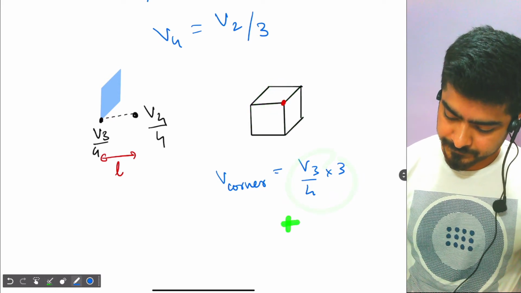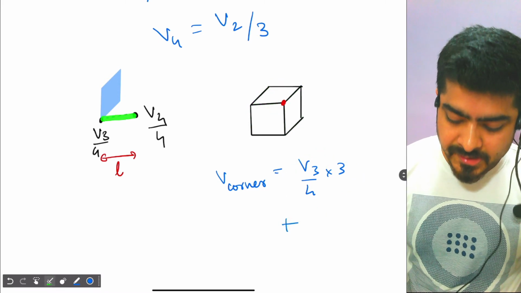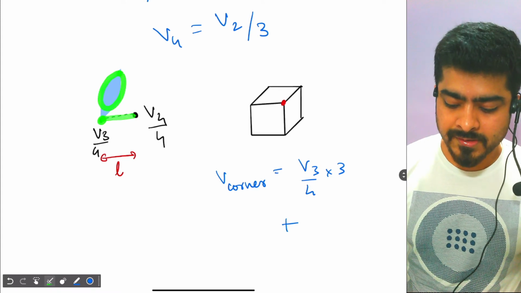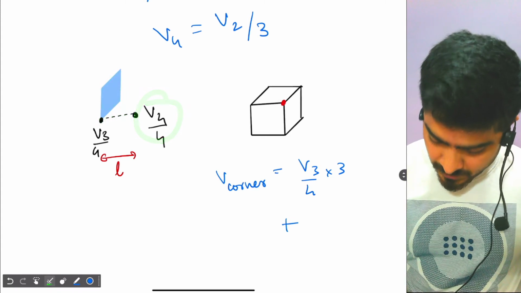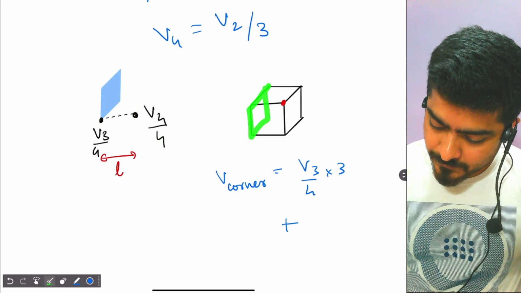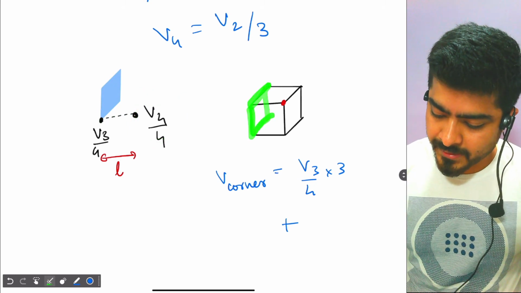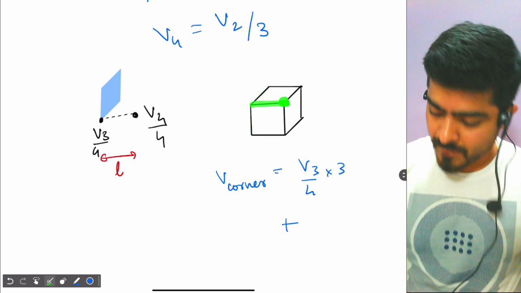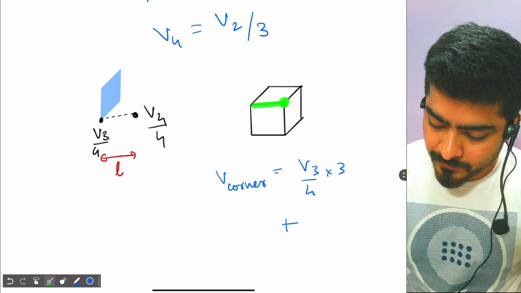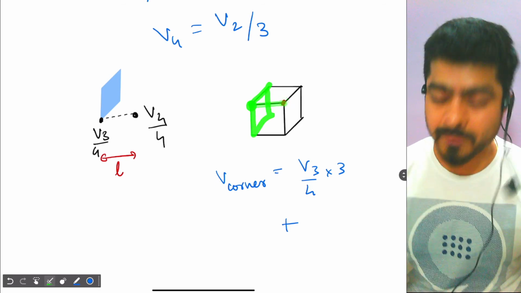Plus, at a distance L from the corner of the square plate, we have potential V4 by 4. So look at this face. For this face, the potential of this point will be how much? This point is L distance away from the corner of the plate on the back side.